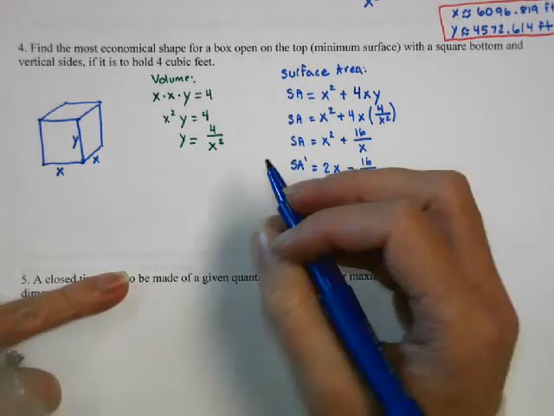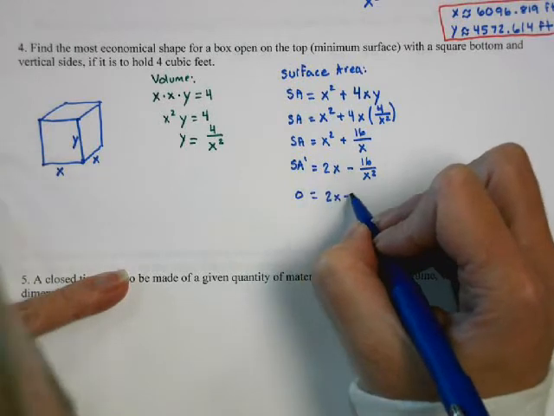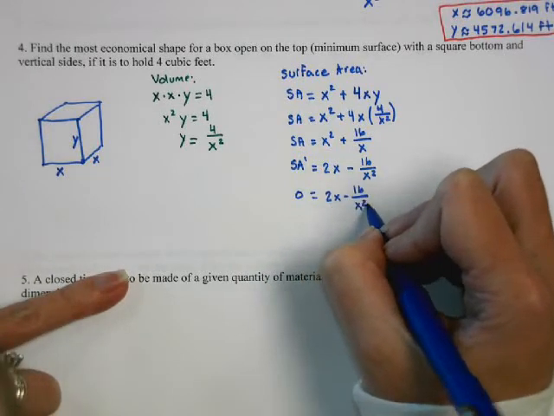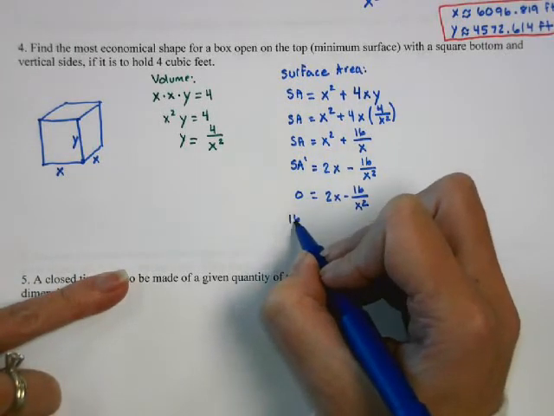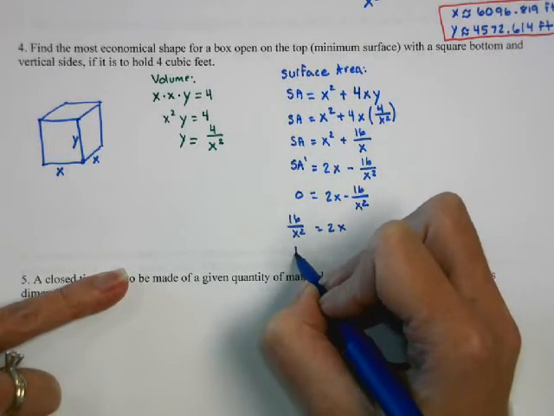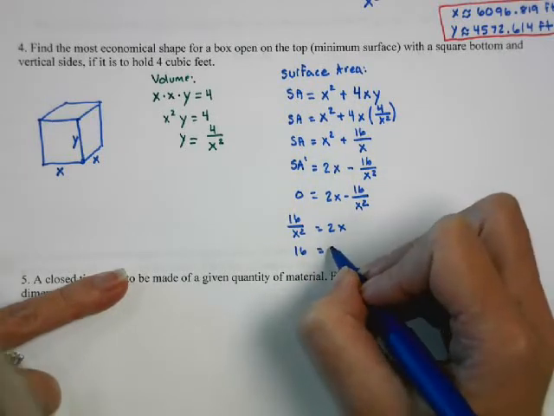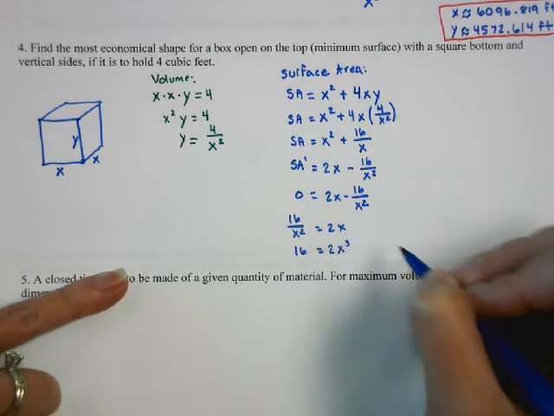So I'm going to set this equal to 0 to find the critical point. So 16 over x squared equals 2x. So 16 equals, I'll multiply over the x squared. So x times x squared is x cubed.